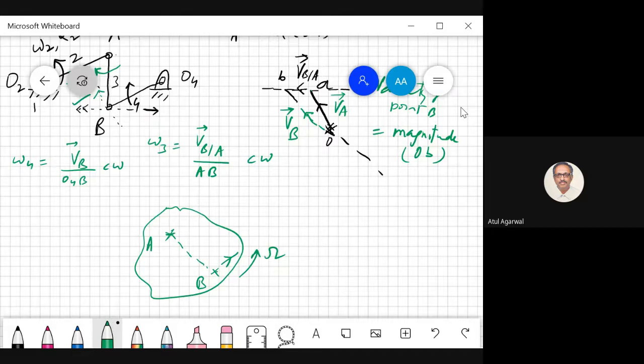The body is turning like this, same way. For him also it is turning clockwise. He will say, observer will say point A is going like this. So what is the velocity? This is velocity of B with respect to A. And this is the velocity of A with respect to B. So this fellow says he is going right way. This fellow says he is going like this. So this is a concept of relative motion.